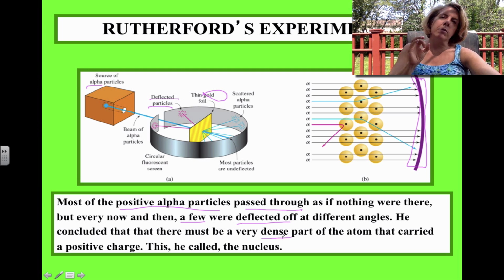It's tiny, but it's very concentrated, and everything else around it is more empty space. So his conclusion was he discovered the nucleus. They realized that the plum pudding model was not an effective model because they didn't see electrons scattered throughout a positive sea. Instead, they saw a tiny dense nucleus that scattered these alpha particles.